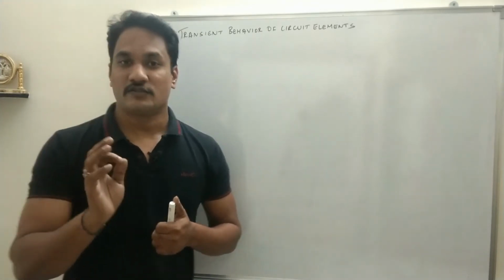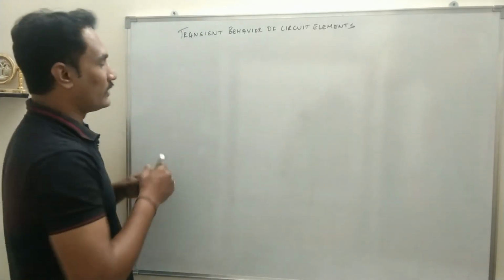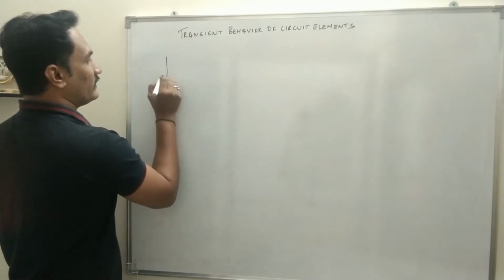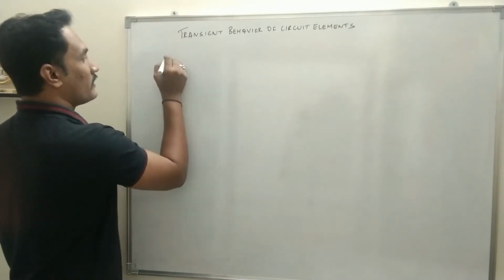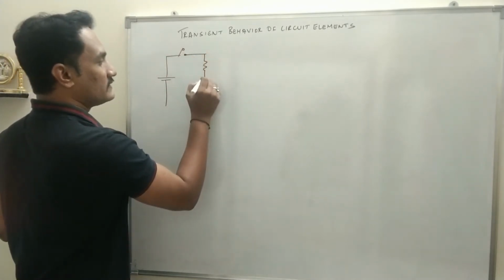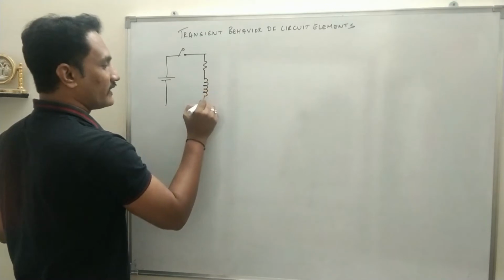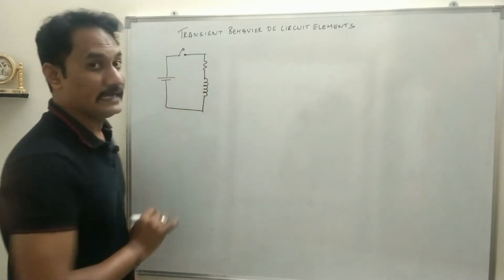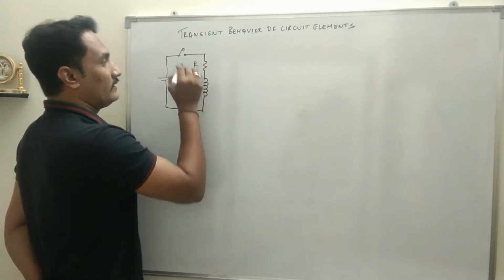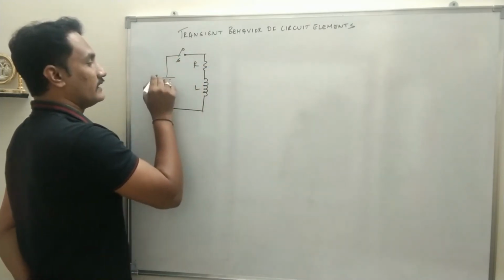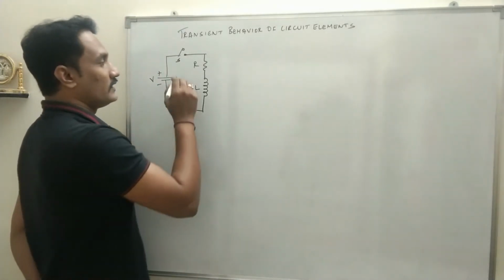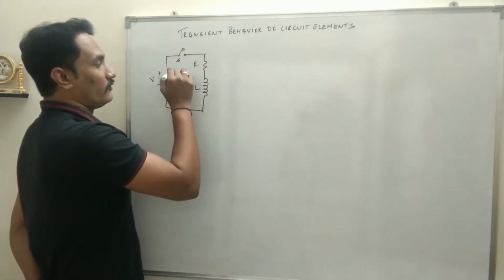Okay, so let us try to understand through a diagram. There is a source, this is a switch, then there is a resistance, and now instead of a capacitor we have an inductor. This is R, this is L, this is the switch S, and this is the potential which we are going to apply, V. Of course, when the switch is on, current will flow.